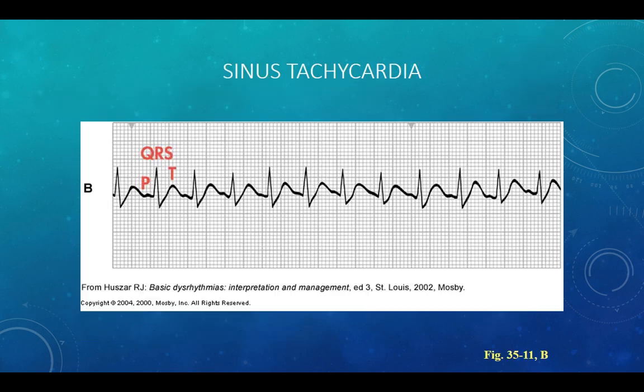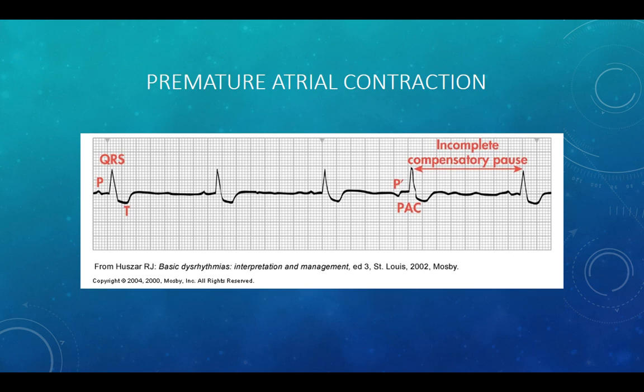Okay, and then this is what a PAC looks like. Excuse me. This is what a PAC looks like. Different configuration of the P. You see the P down here on the first one. It's upright, it's normal, but then you go along and you have that one that's going down, not going up.